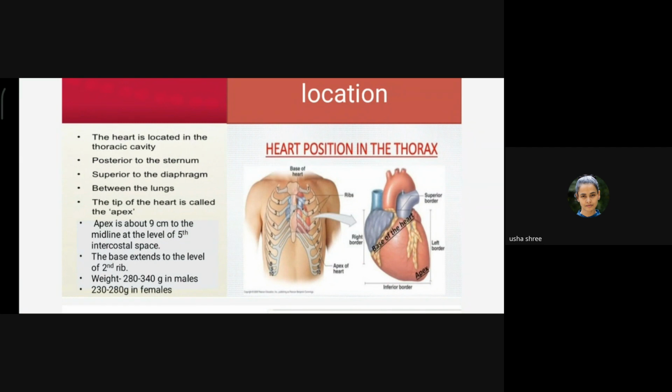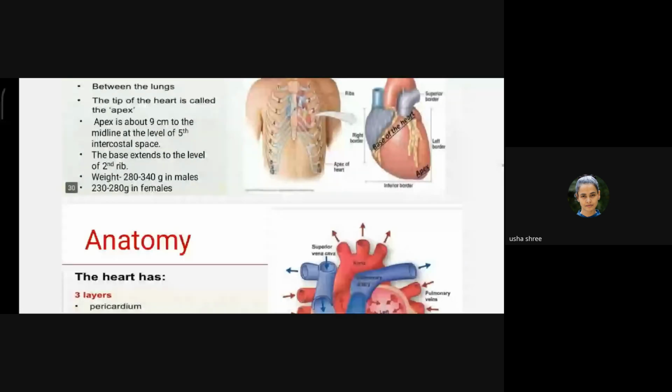The weight of the heart in males is 280 to 340 grams, and in females it is 230 to 280 grams. A bit of difference is seen by gender as usual, because males are a bit more muscular in comparison to females.